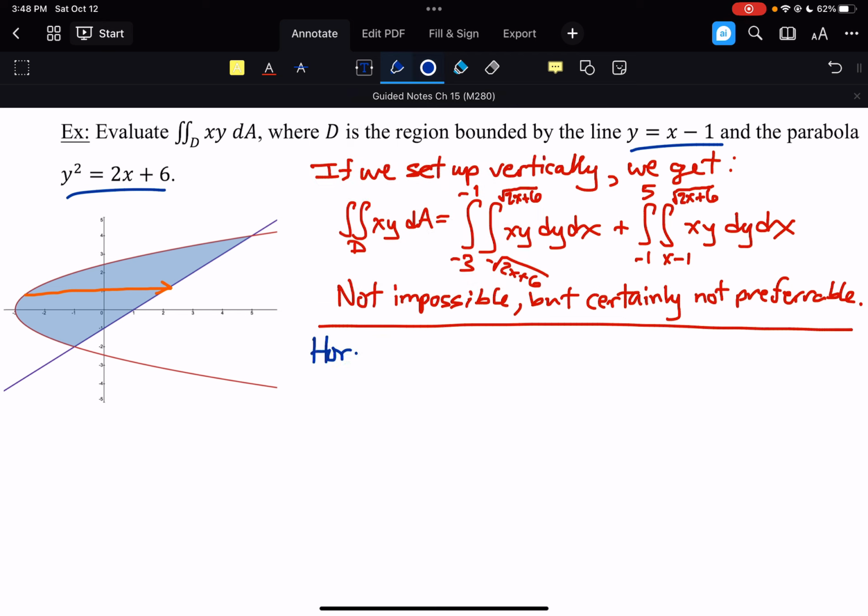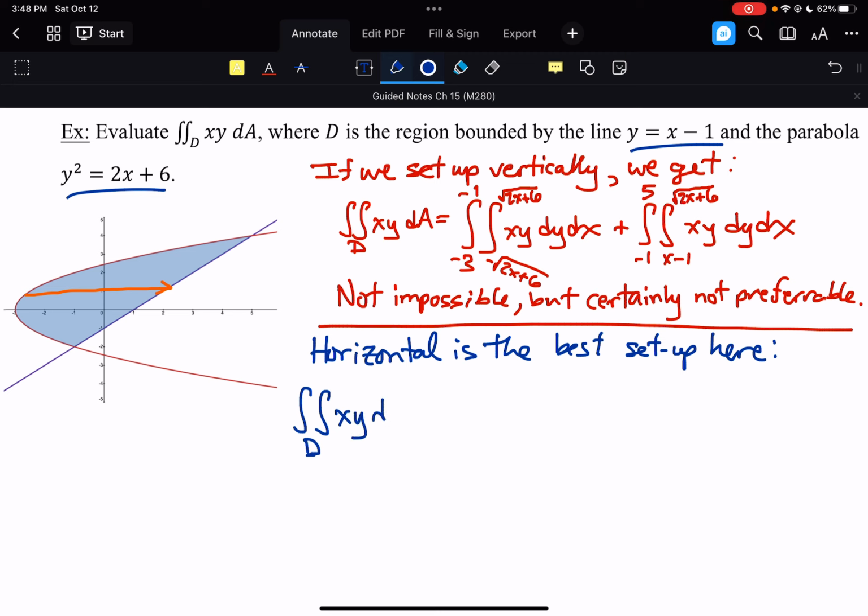So horizontal is the best setup here. So let's see, our double integral over D of xy dA. We're going to do dx dy.